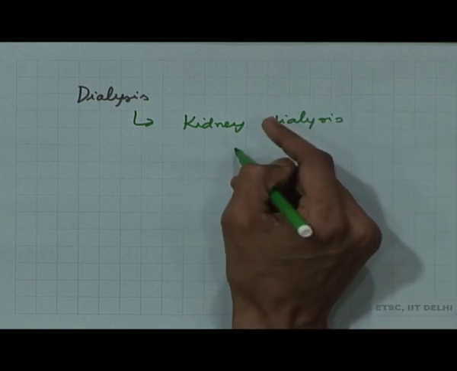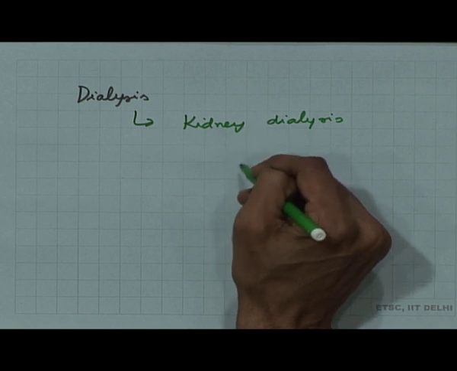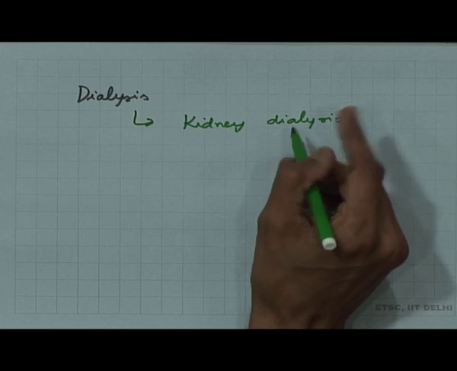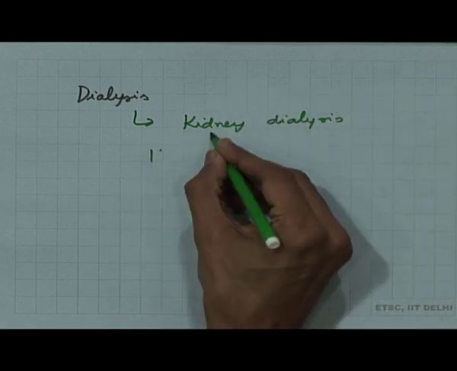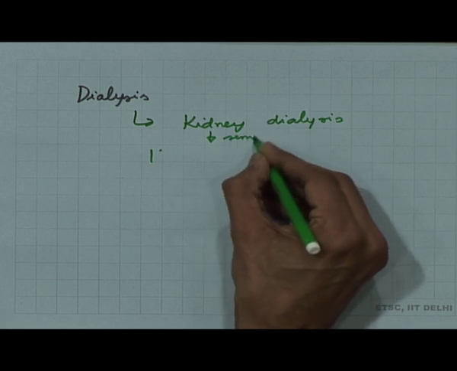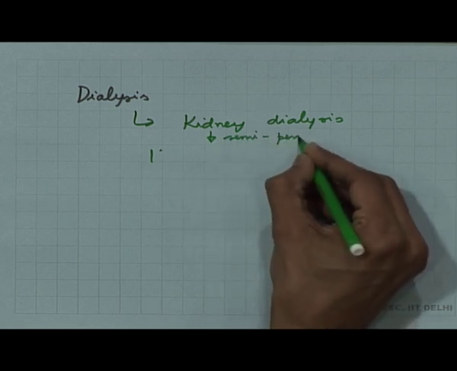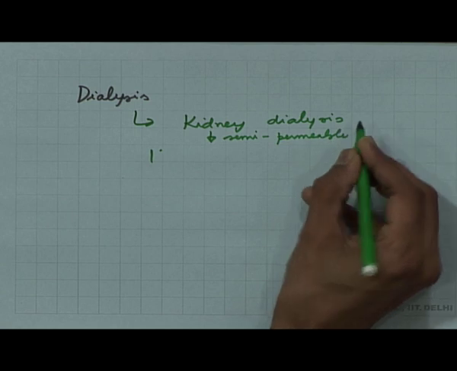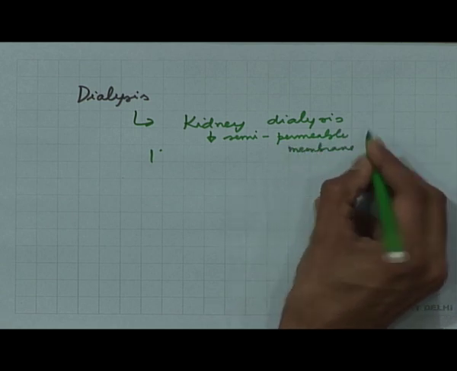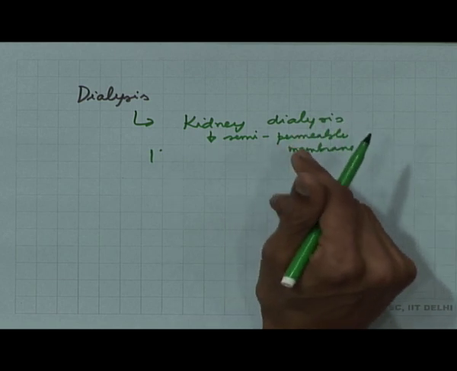So, a person who has a bad kidney needs to have dialysis because the kidney, one of its functions, is that it works as a semi-permeable membrane.